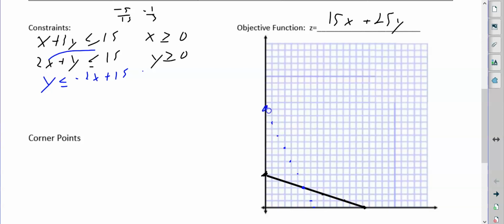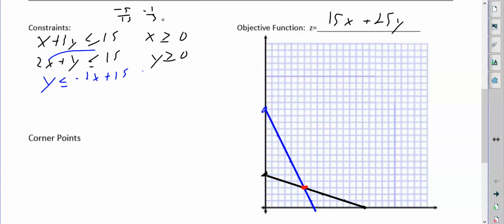Whoops. I don't know why it does that sometimes. But the nice thing is, by doing the slope, we found out that we have a corner point right there. And of course, I did not do my check on which way to graph.